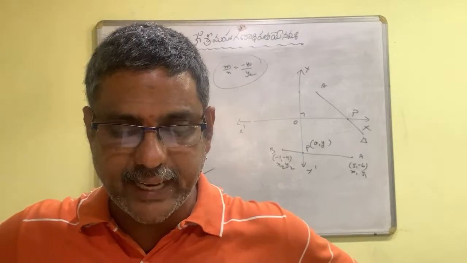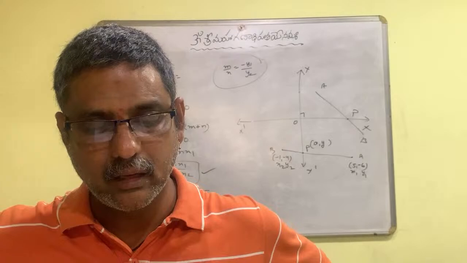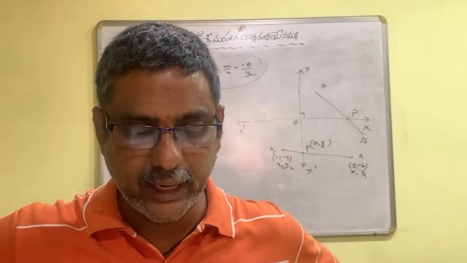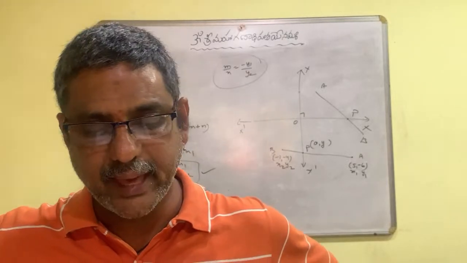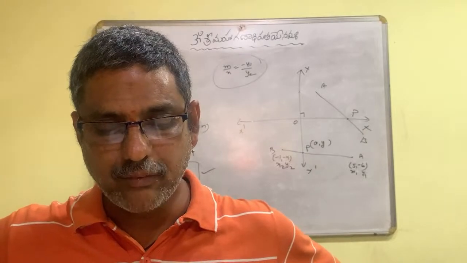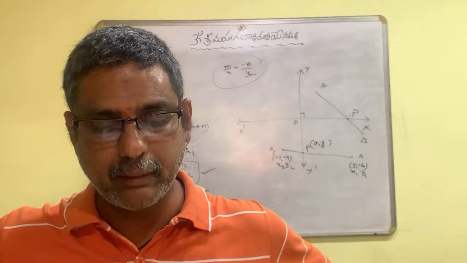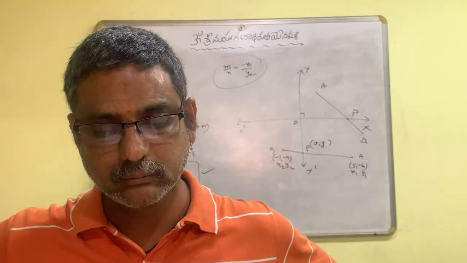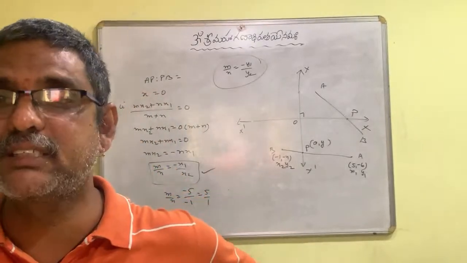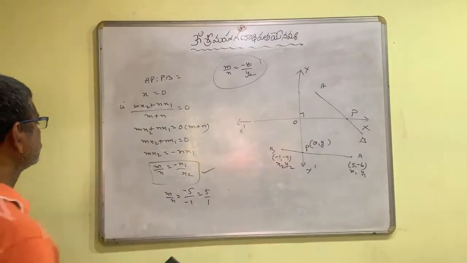A line intersects the x-axis and y-axis at points P and Q respectively. If R(2, 5) is the midpoint of line segment PQ, find the coordinates of P and Q. Did you understand the question?